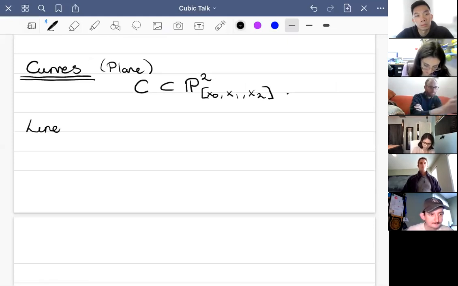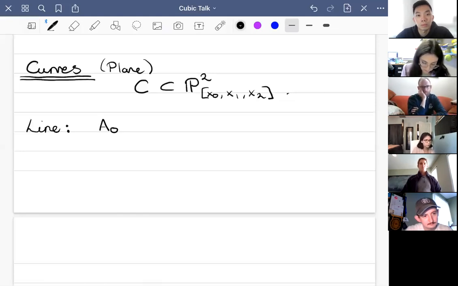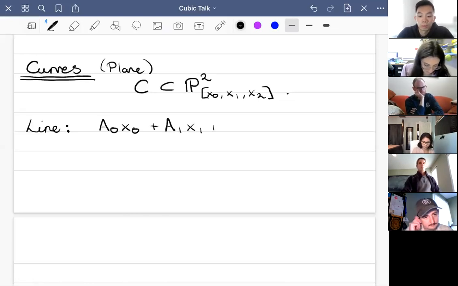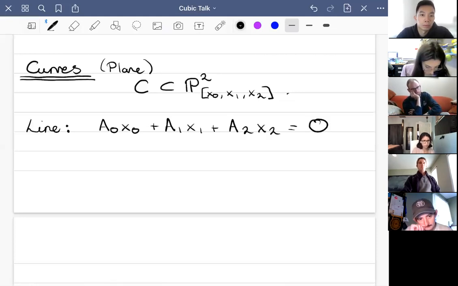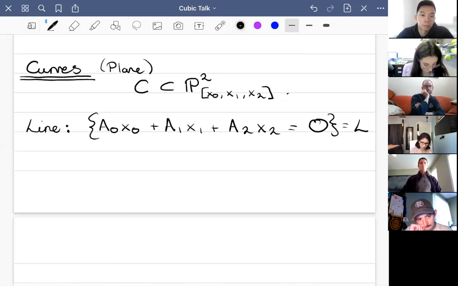The first thing is if we have a line in the projective plane, we can just write this down in equations. It's going to be given by an equation that looks something like this. If we take the zero set, let's call this L, this is my line. I can easily see that L is actually isomorphic to just P1.